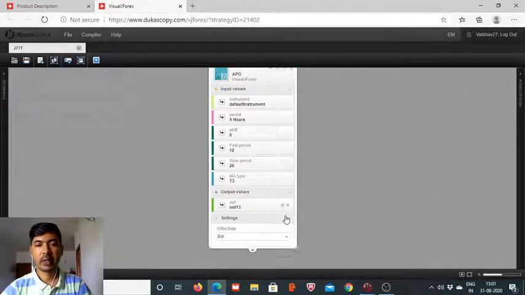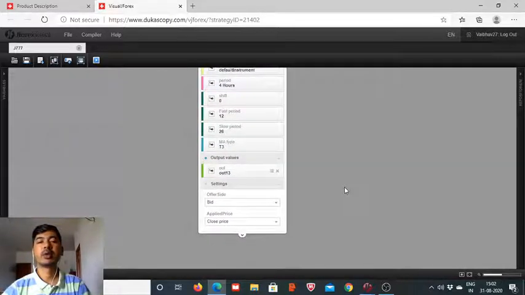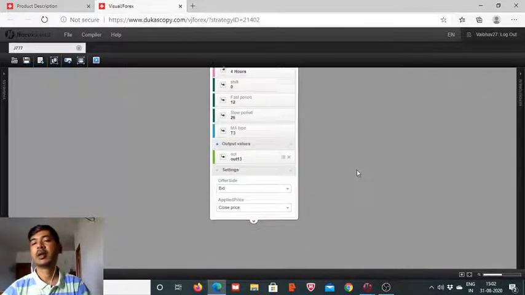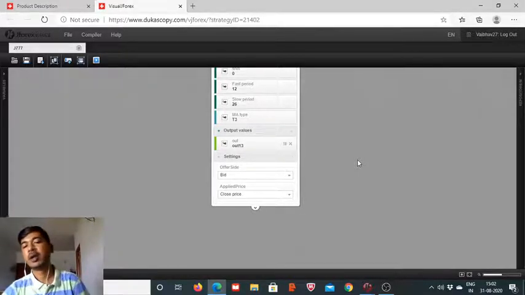So you can design the system with the help of this indicator on the Visual JForex platform, and then you can run it on a live or demo account, and of course on the demo account first till you feel confident enough of its soundness. Offer side can be either bid or ask, and then applied price.